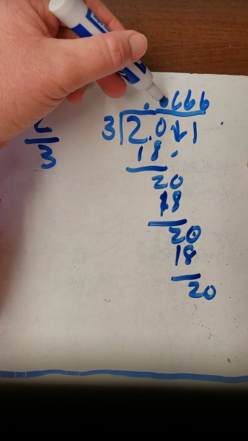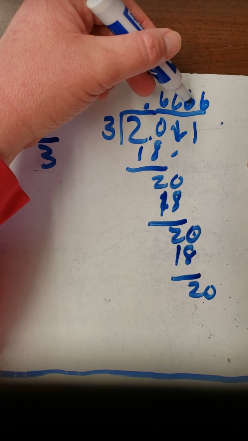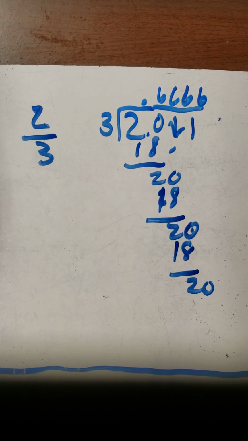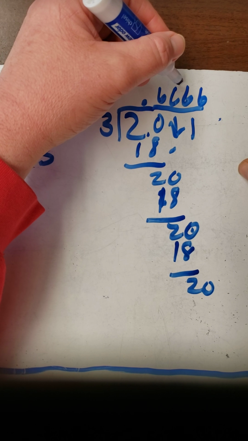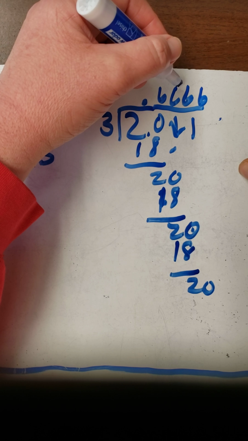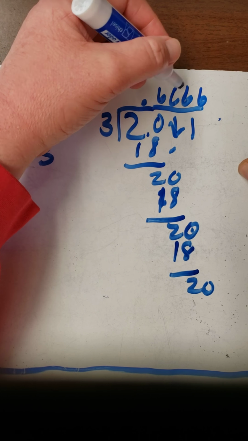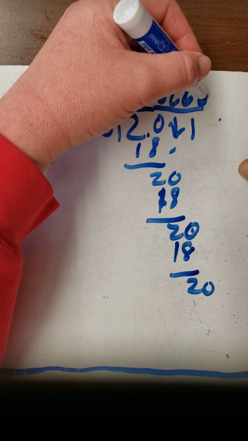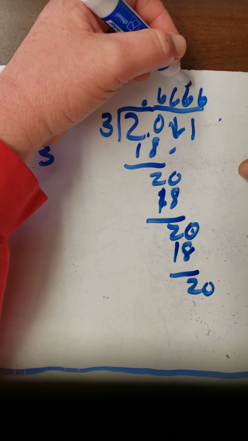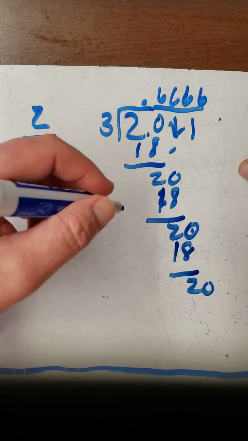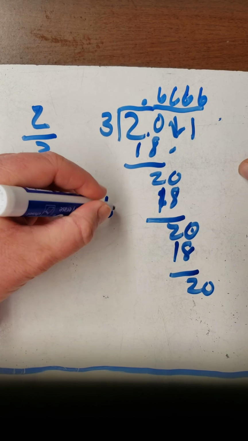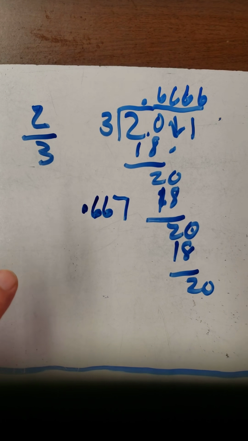This is the tenths, this is the thousandths, and so forth. Or no, I'm sorry. This is the hundredths: tenths, hundredths, thousandths. So we look at this 6, and it is greater than 5. So we need to round this one up to a 7. So it's 0.667.